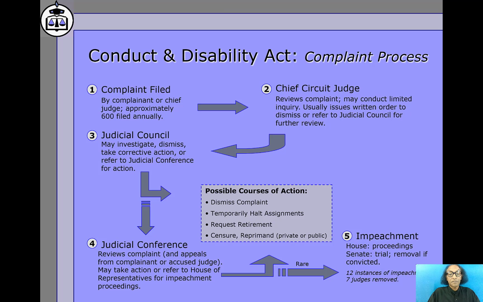Again, this chart shows the process from the time the complaint is filed. It goes to the Chief Circuit Judge, then to the Judicial Council, the Judicial Conference, and possible actions there could be to dismiss the complaint, temporarily halt assignments, request retirement or censure, reprimand, or in severe cases, impeachment.